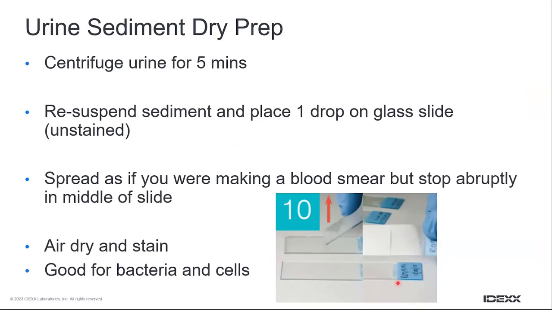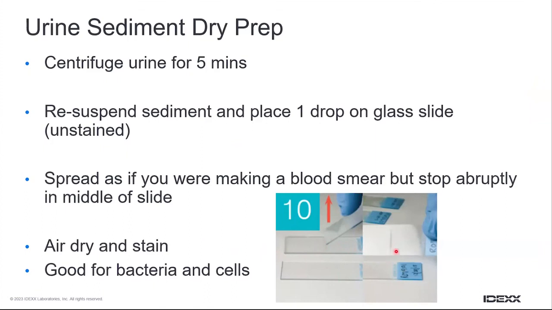But this time, rather than placing a cover slip over that and looking on the microscope, we're going to spread that drop as if you were making a blood smear. But rather than a blood smear, which is a nice smooth motion, not lifting the spreader slide, instead we're going to stop abruptly in the middle of the slide, giving us a nice fine line of cells right down the center.